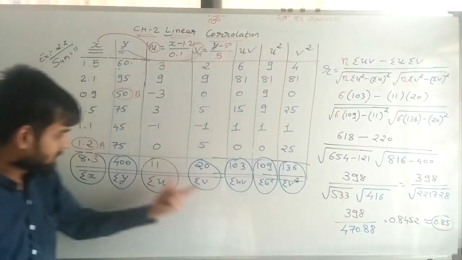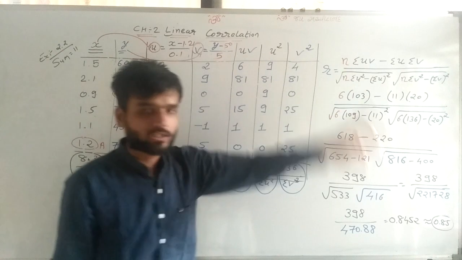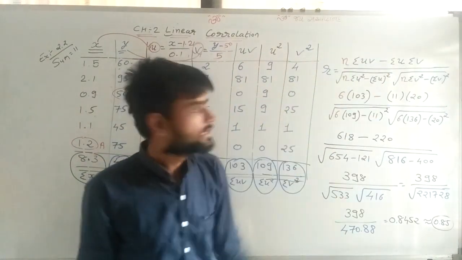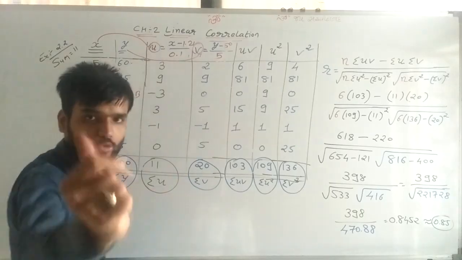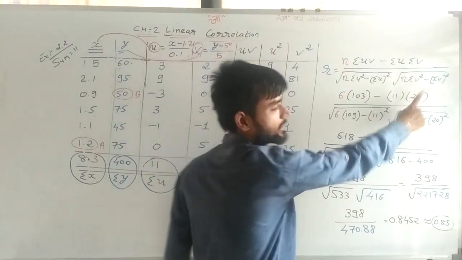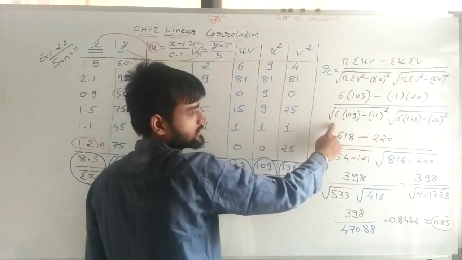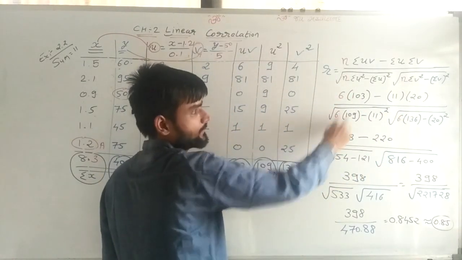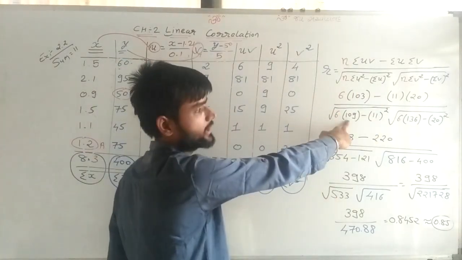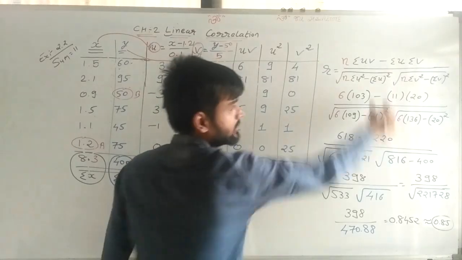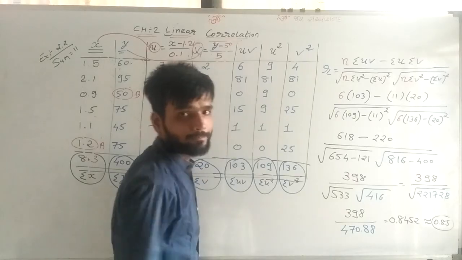Sigma uv is 103, minus sigma u into sigma v. Sigma u is 11, sigma v is equal to 20. Divided by under root, n is equal to 6, sigma u square, here sigma u square is 109, minus sigma u whole square, 11 whole square.